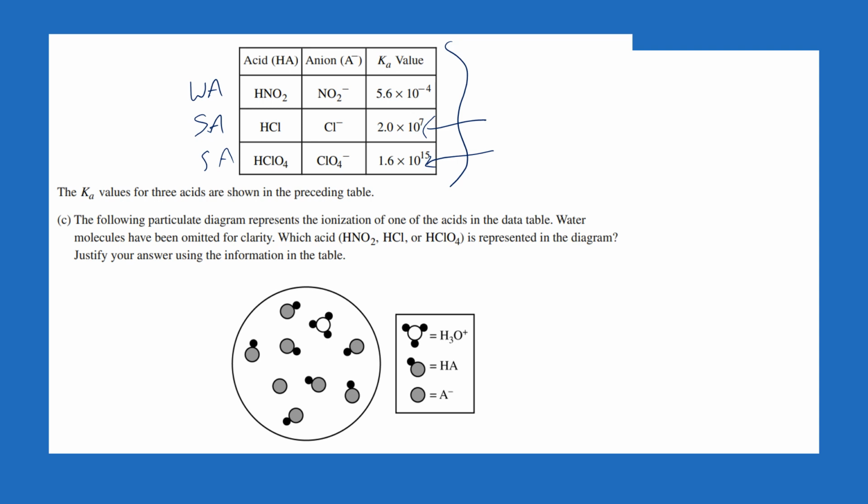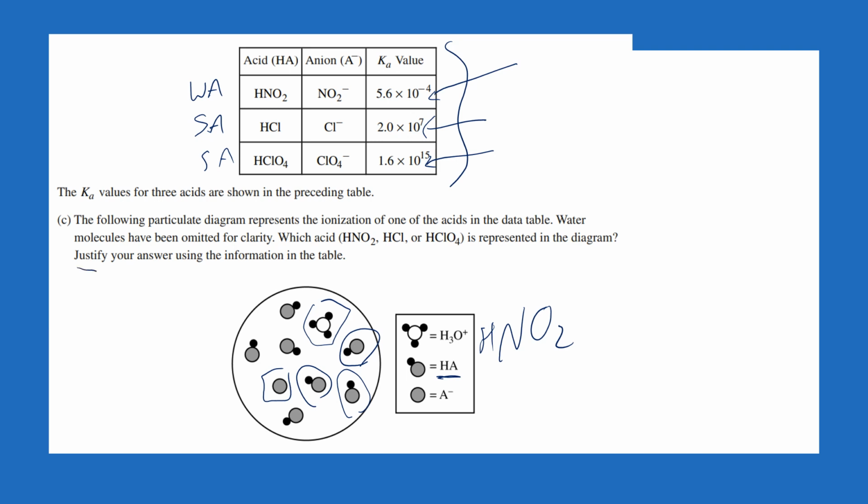Now, the following particulate diagram represents one of the acids. Water molecules have been omitted. Which acid is represented? Notice how most of those have the acid still stuck together. That means only some of it ionized into those separate ions. So that means it must be the HNO2, because that's the only weak acid and it has the smallest Ka value.